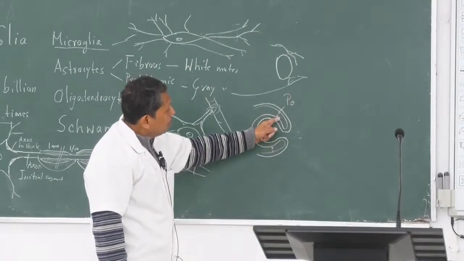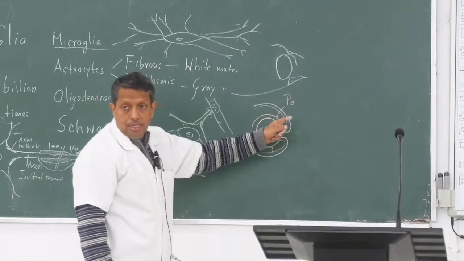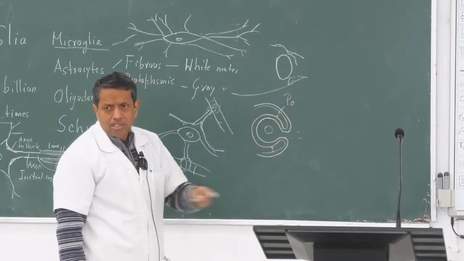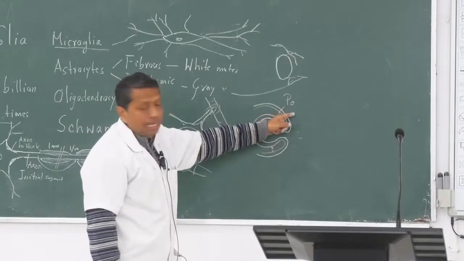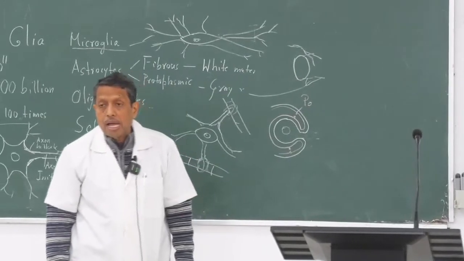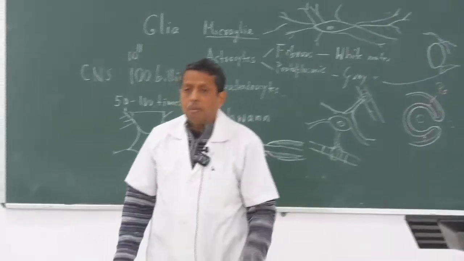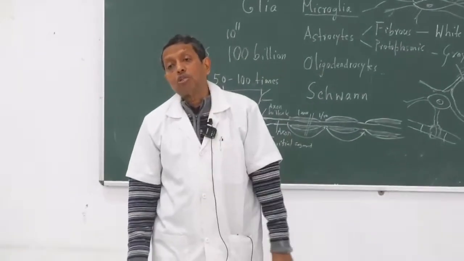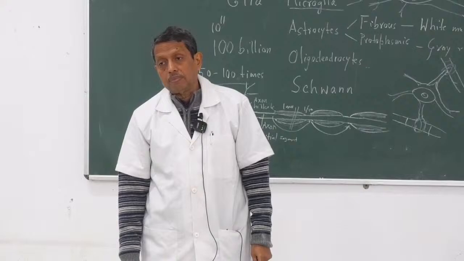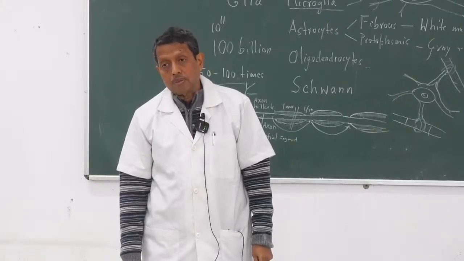And there are numerous mutations. In a particular edition of a textbook, 29 types of mutations have been discovered. And where there are defects, there are mild to severe types of defective myelination. There are other proteins.